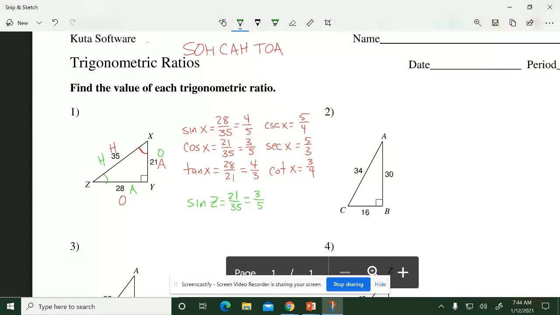So once you've simplified them, you don't really have to keep simplifying them because they'll show up again and again. Cosine of Z is adjacent over hypotenuse, which is 28 over 35, or 4/5. And tangent of Z is equal to opposite over adjacent. So 21 over 28, which is 3/4.